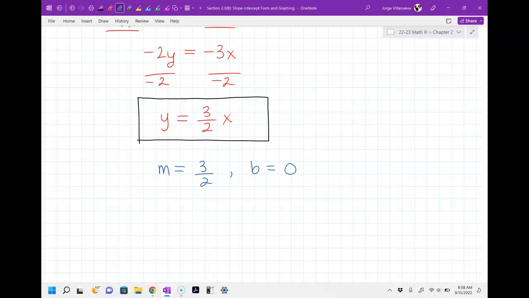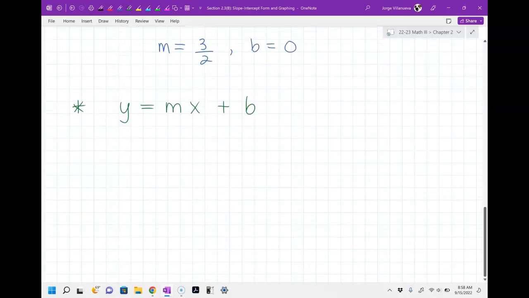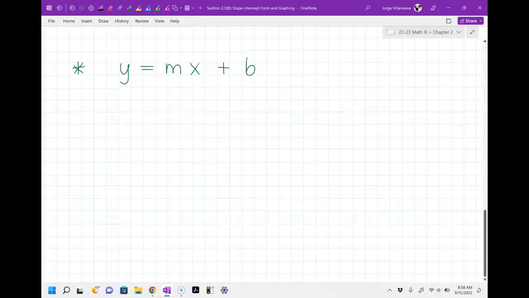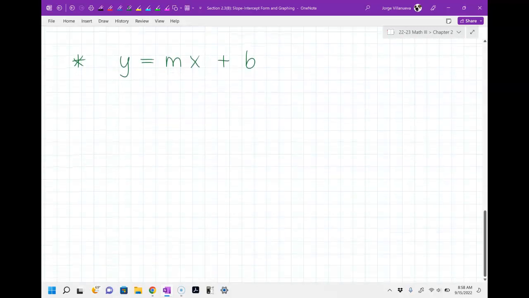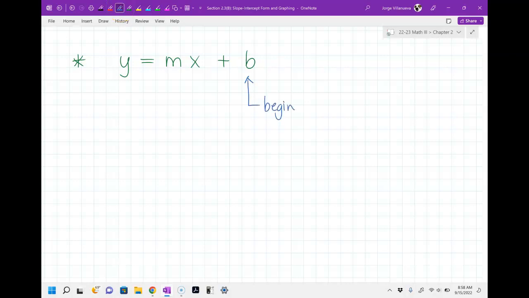Okay? So what was this little hint that I wanted to tell you? This is the little hint that I want you guys to know. And maybe you already know it. Maybe you don't know it. So here you go. When you're graphing using this form, y equals mx plus b, you need to begin here.